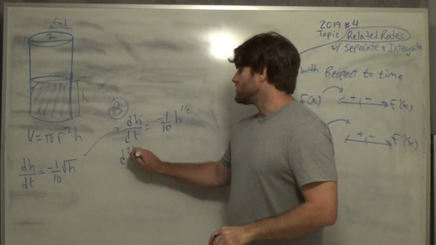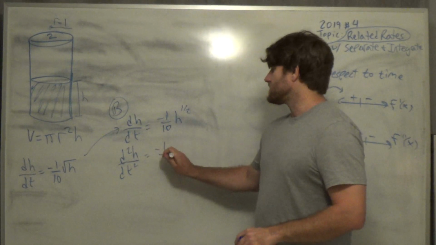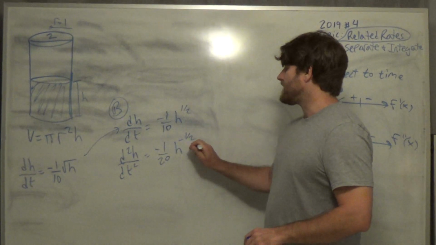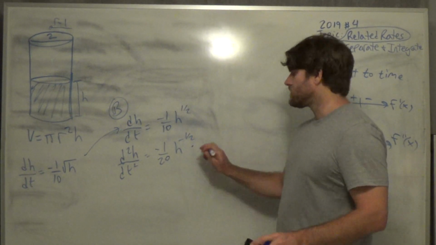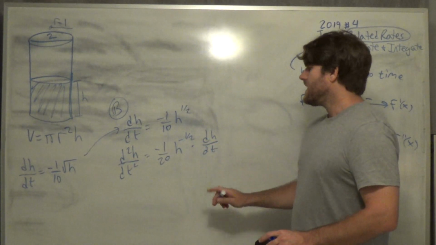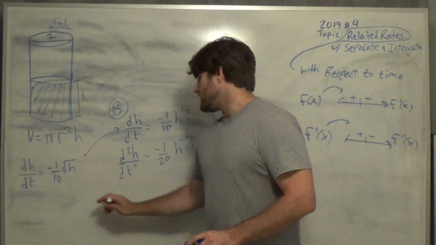So we take the derivative, which is the second derivative. The 1/2 goes to the front, gives us negative 1 over 20. The exponent goes down by 1, times chain. And again, it's related rates, everything gets a chain. So my chain is dh/dt. And guess what? dh/dt can be replaced with the negative 1/10 square root of h.